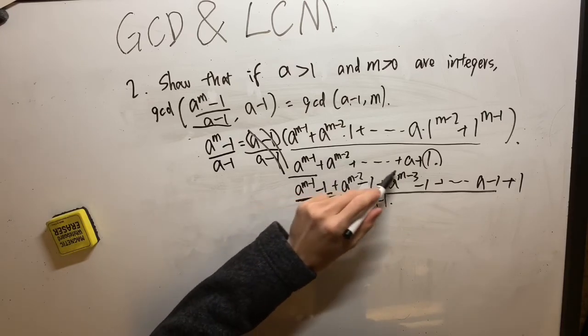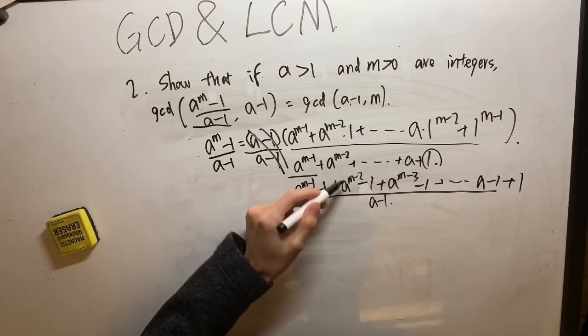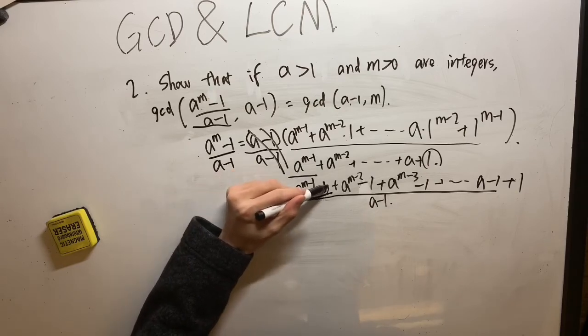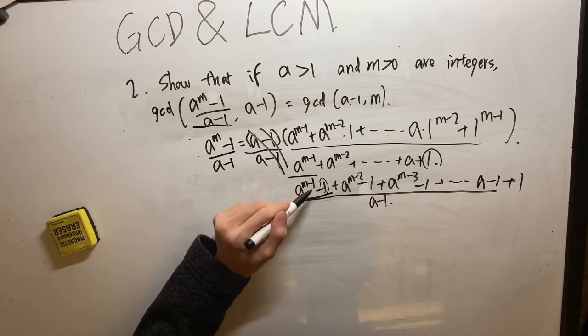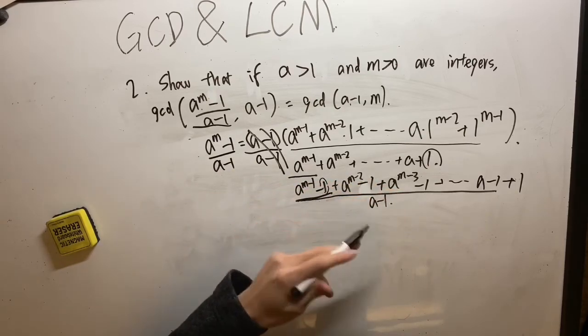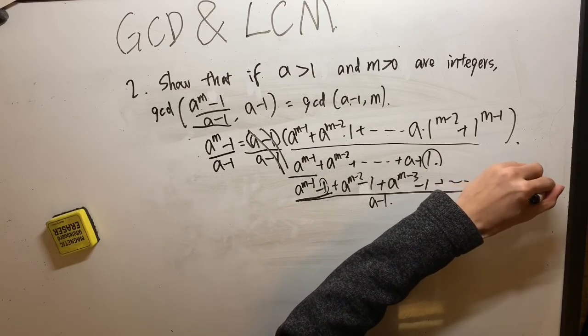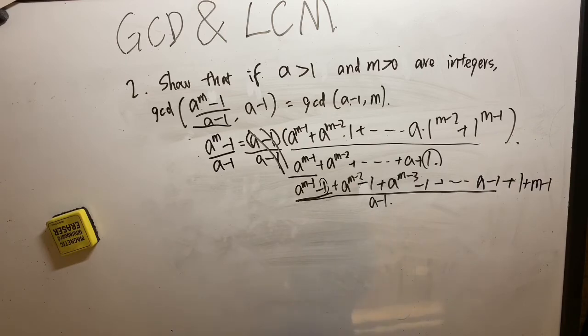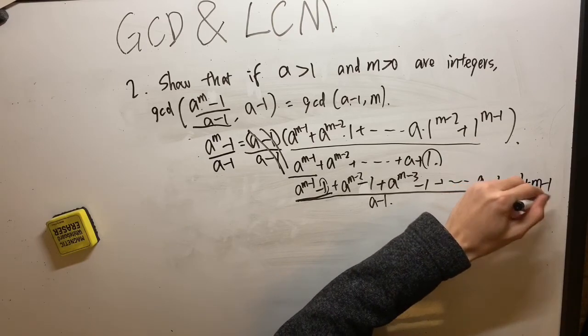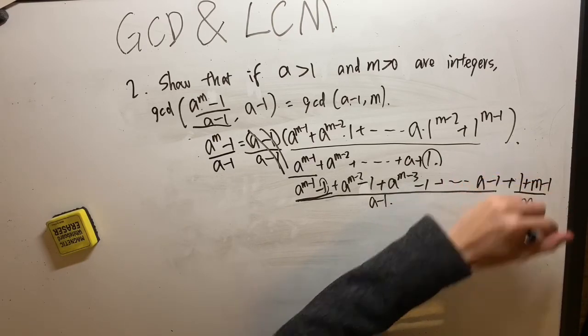There are m minus 1 terms of a, so there are m minus 1 times of 1 in this case. So we need to add m minus 1. So we add m minus 1 at the bottom of this equation. So 1 plus m minus 1 equals m.